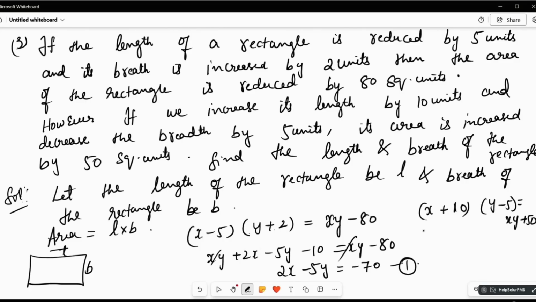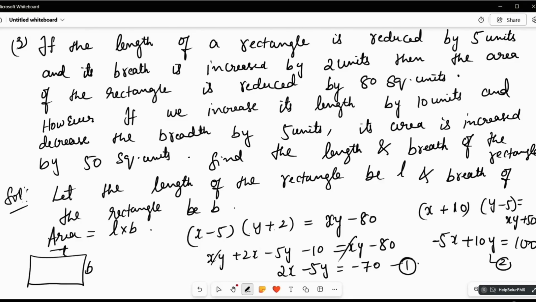If you simplify, what you will get? Simplify. Last answer. What you will get? Correct.